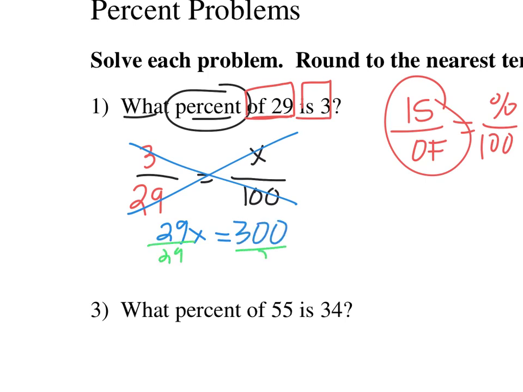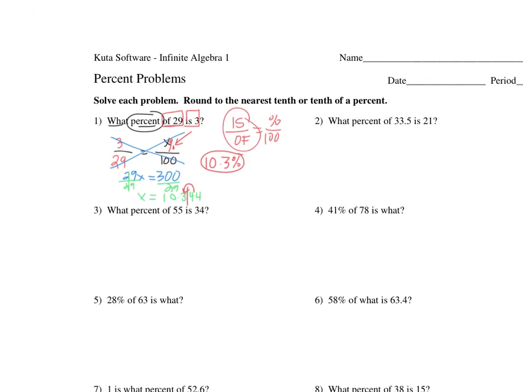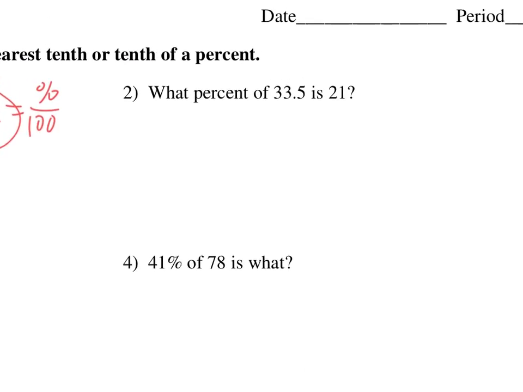Divide by 29, divide by 29, 1x equals, and 300 divided by 29 is 10.344, and it says round to the nearest tenth, so it's going to be 10.3, because 3 is the tenth, the 4 doesn't change it, and since it's in the percent spot, it would be percent. Okay, that was me going quickly, but knowing that you've had a review on this. All right, here we go.